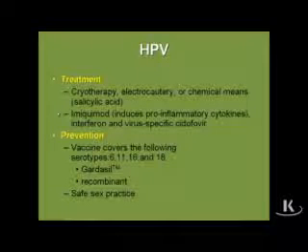Prevention, as far as HPV is concerned, we have a pretty new vaccine called Gardasil. It covers the two most common serotypes associated with HPV genital infections, so that's 6 and 11, but it also covers 16 and 18, which remember are the serotypes most often associated with transformation and cervical cancer.